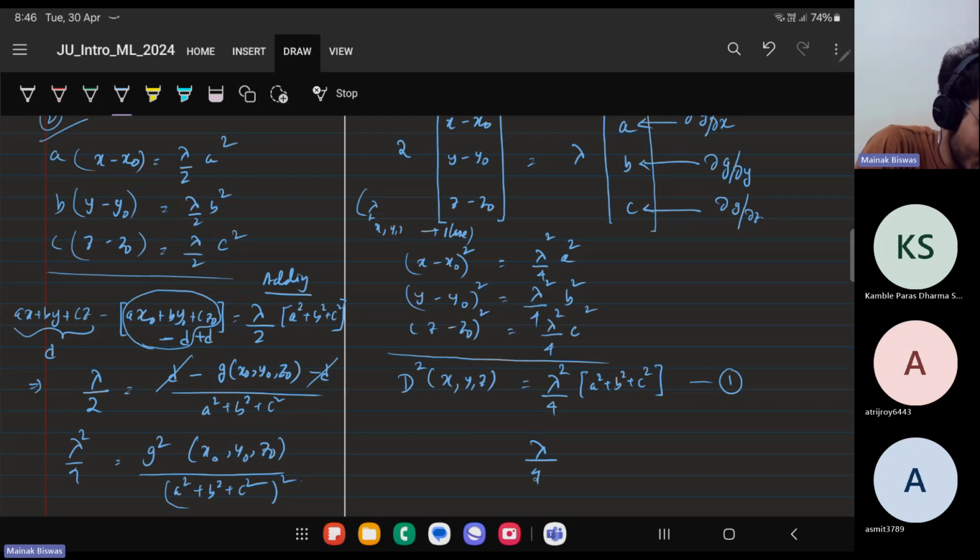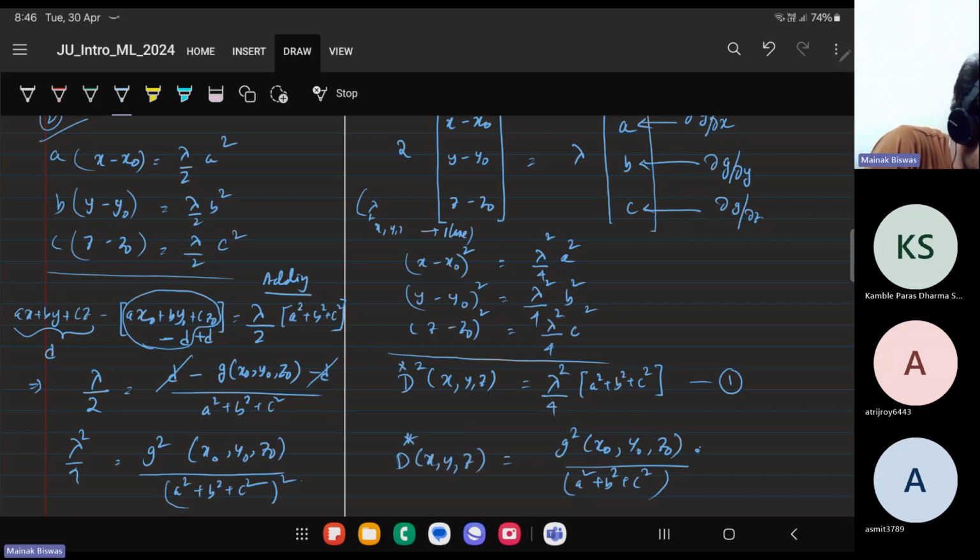I get lambda by 4 at the optimal, g square x naught y naught z naught into this. This is at the optimal point, d star.